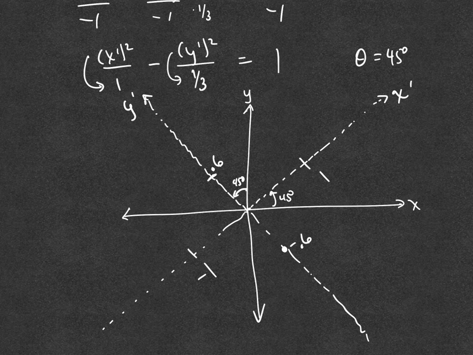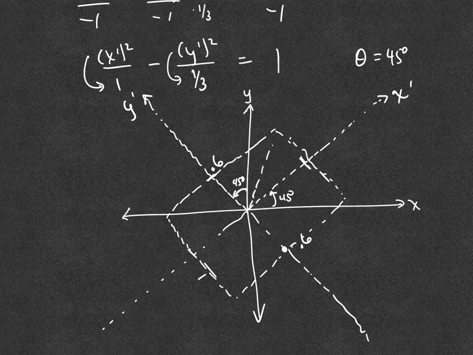And then through those four marks, we can then sketch in our rectangle through which we can put our extended diagonals.